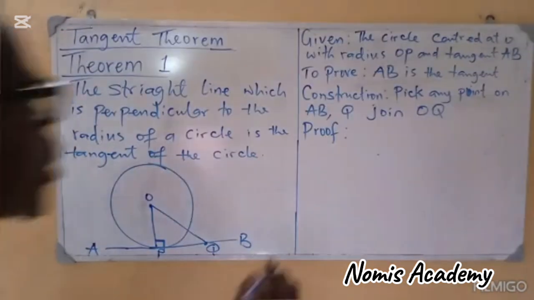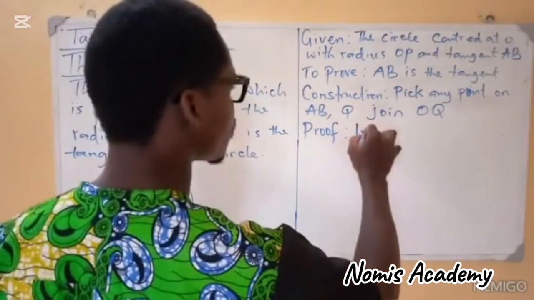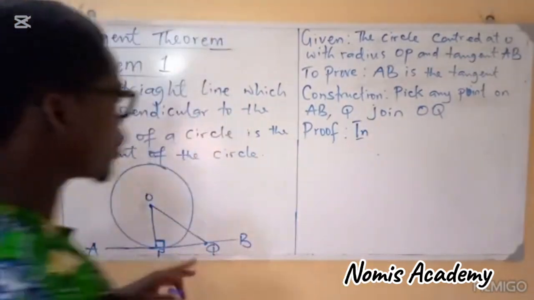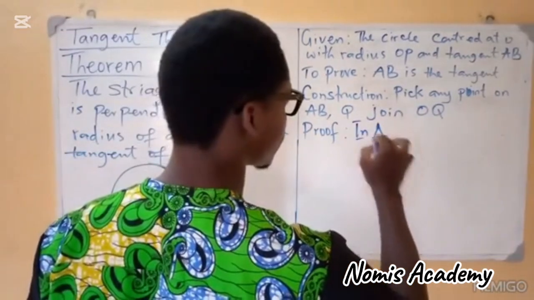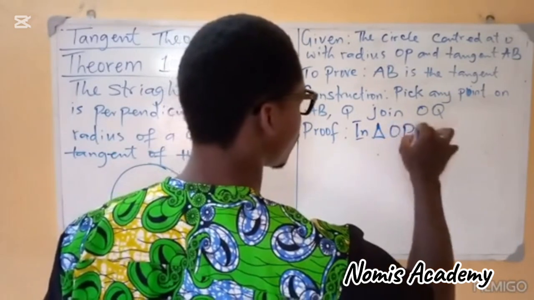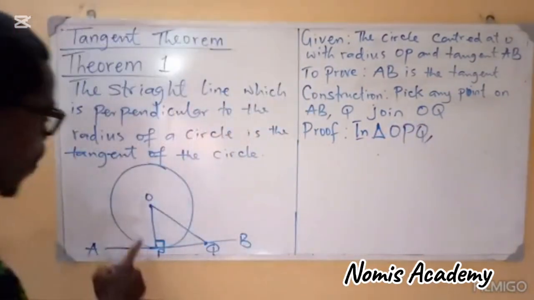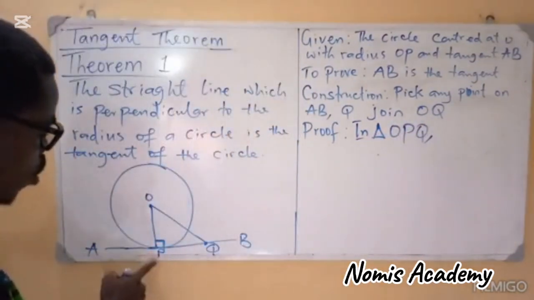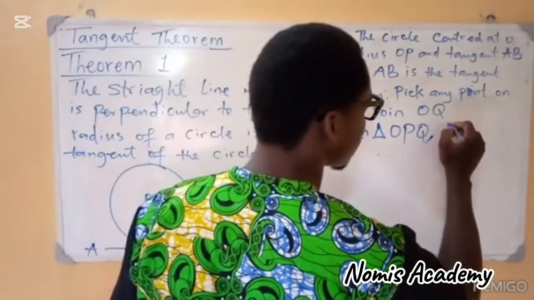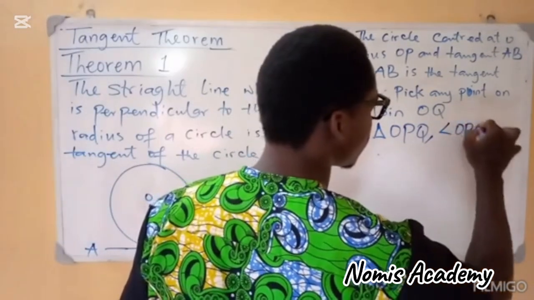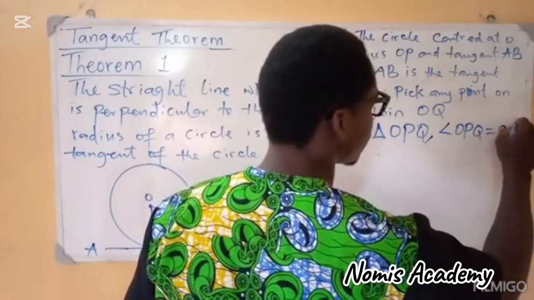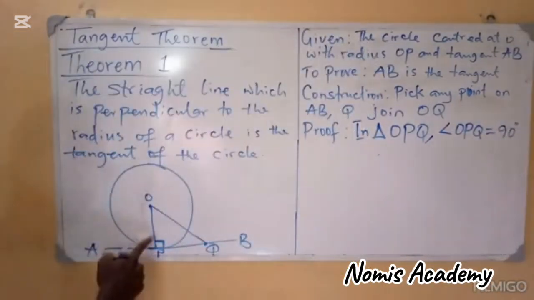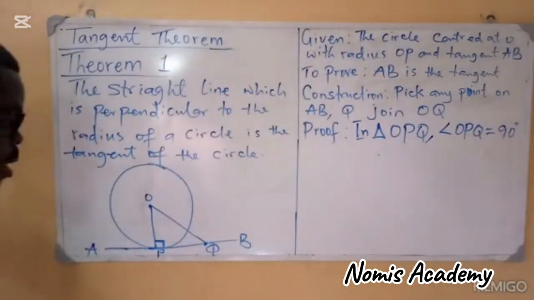Now, in triangle OPQ, angle OPQ is 90 degrees.